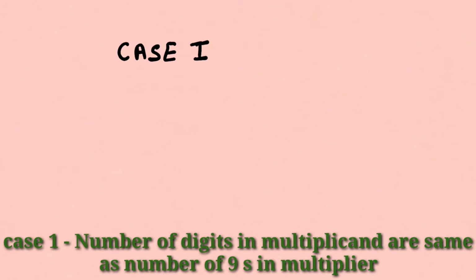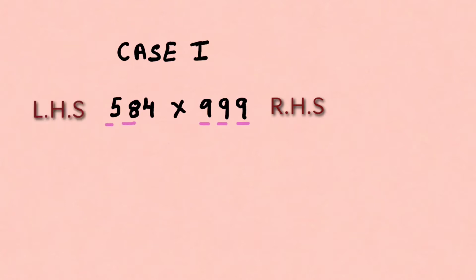Let's say, for example, we take a number 584 and let's multiply it by 999. Now this right hand side has 3 9s and left hand side also has 3 digits. So we have 3 digits on both the sides. That means the same number of digits on both the sides.